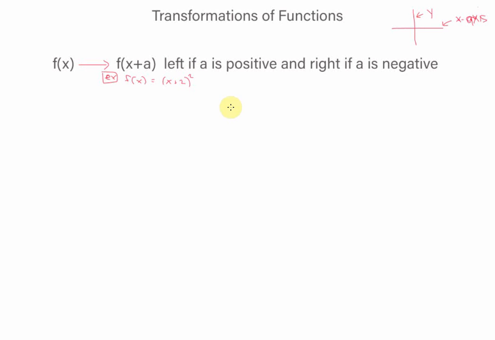Well, the parent function of this graph is x squared, but within that, it has this plus 2 inside next to the x. So this is going to shift it. It's going to move it left if a is positive and right if a is negative, okay? So it's going to move it left 2 in this situation because it's positive, okay?